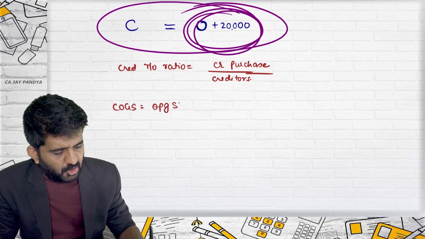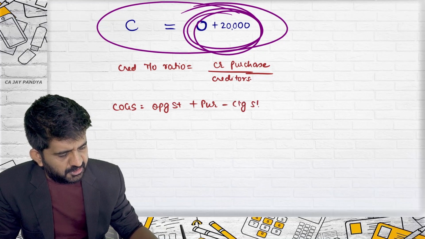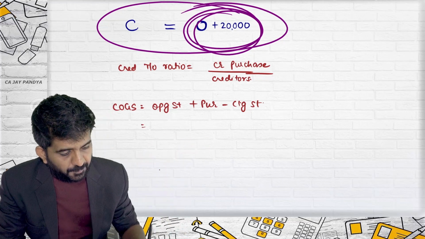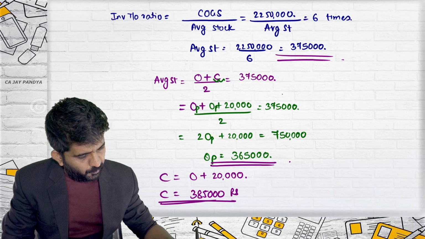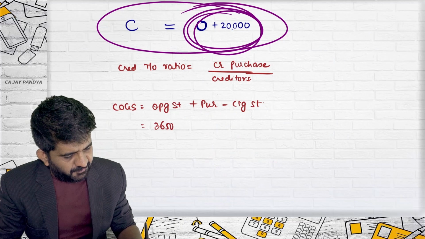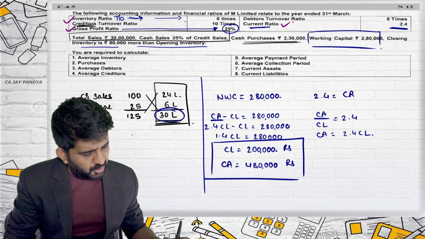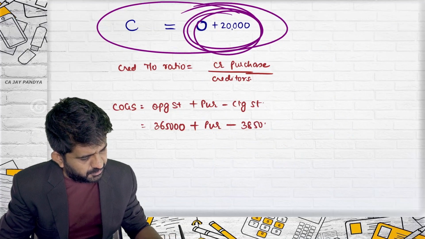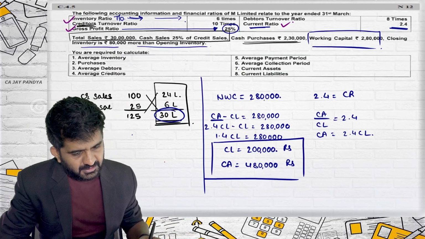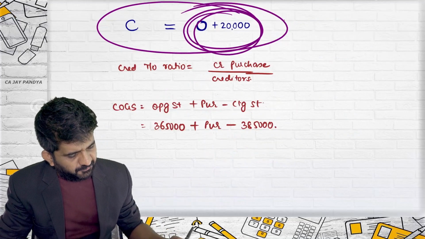You have opening stock plus purchase minus closing stock is equal to COGS, which is nothing but sales minus GP. Opening stock we are having, it is 3,65,000. Plus purchase we do not know. Closing stock we know, it is 3,85,000. This is equal to COGS, which we know: sales minus GP, which is 22,50,000.